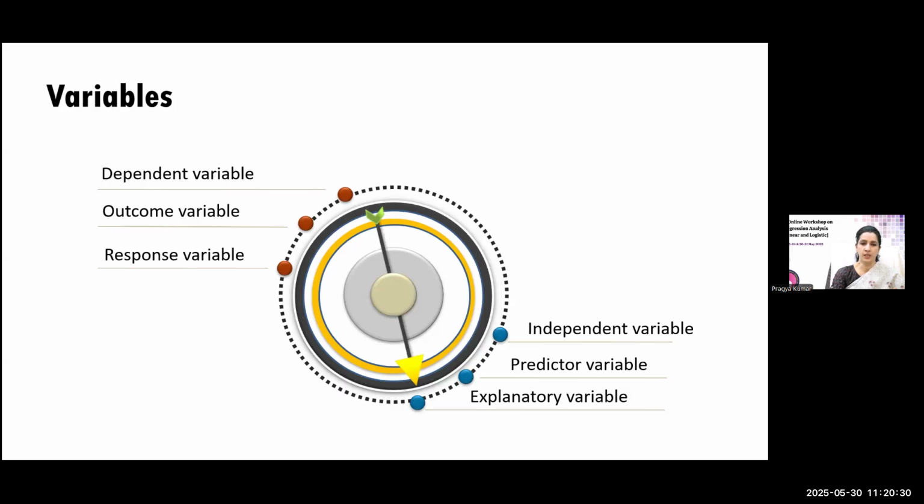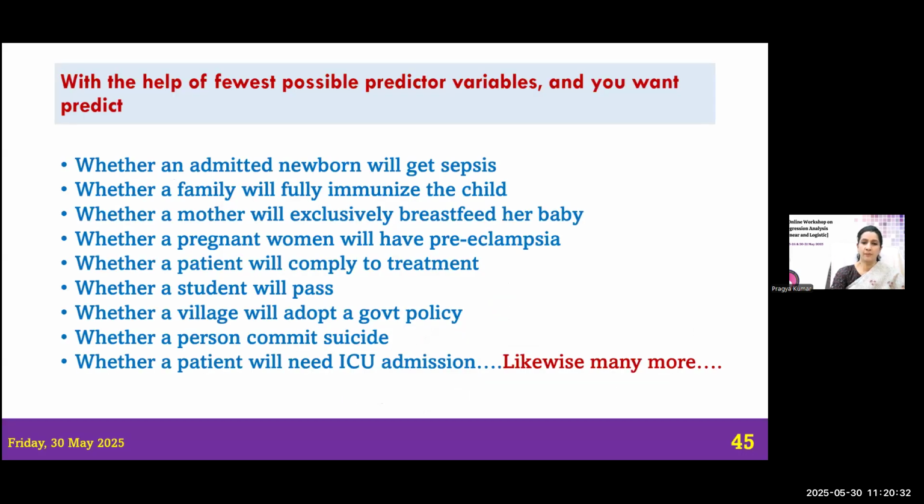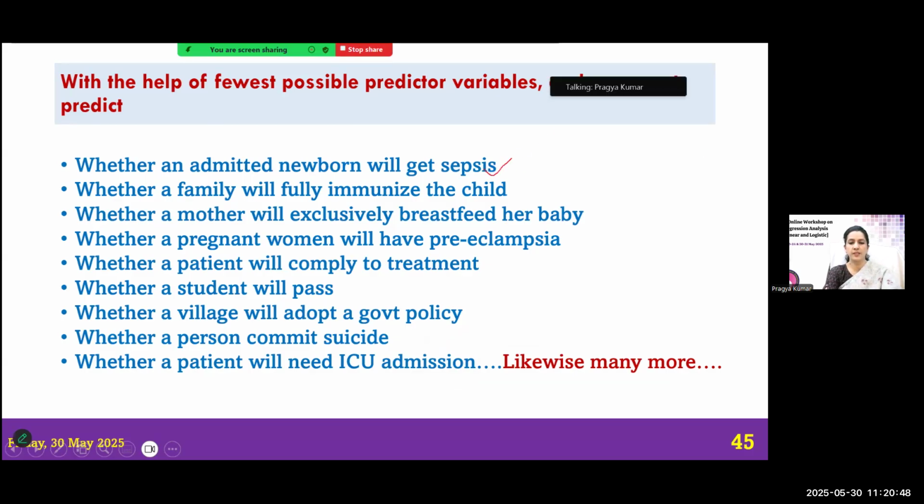No difference from that. So with the help of possible predicted outcomes, now here you will see that all these outcome or dependent variables are categorical in nature. Like whether an admitted newborn will get sepsis. If I come to this first one, sepsis, yes and no.